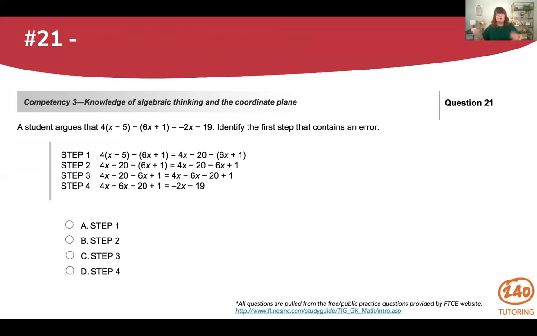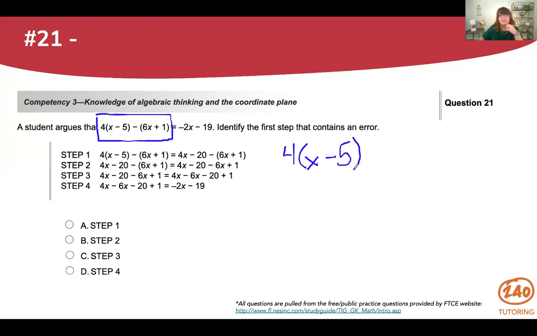So the first thing we can tell is the student's just working with this side of that equal sign. So just working with this, and we can tell that they're distributing that. Okay. So I'm just going to write this out. 4x minus 5.